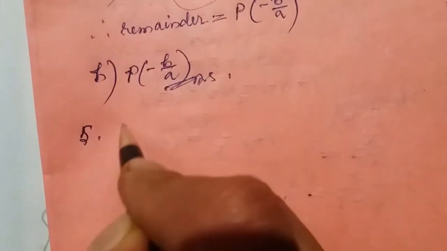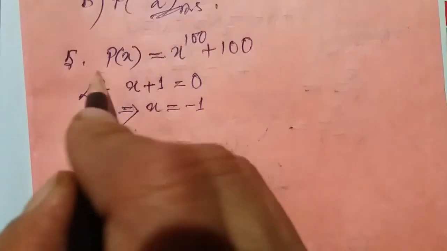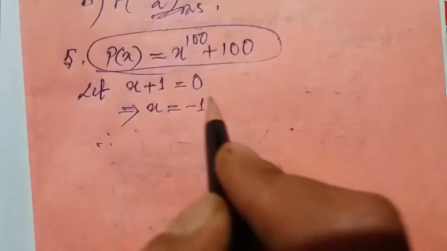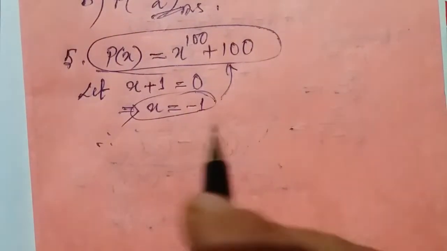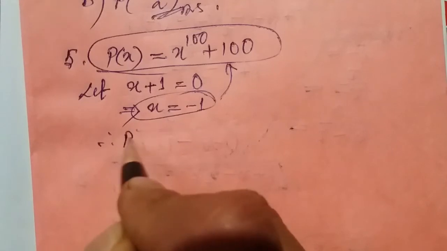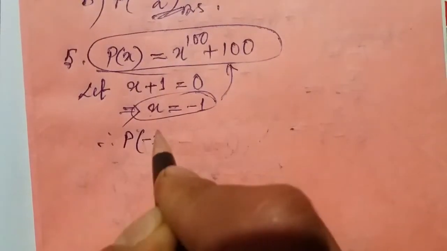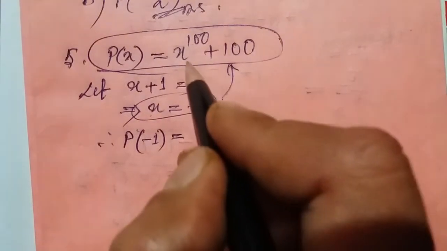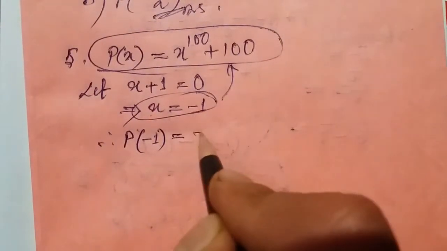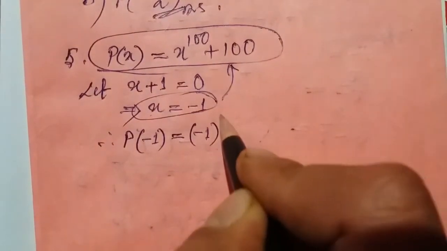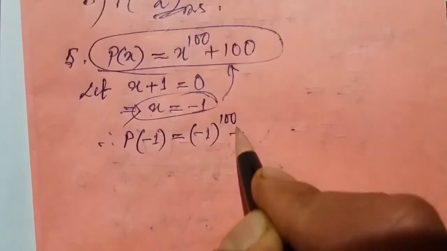So p of x, and here x is minus 1. So p of minus 1 is equal to minus 1 to the power 100 plus 100.